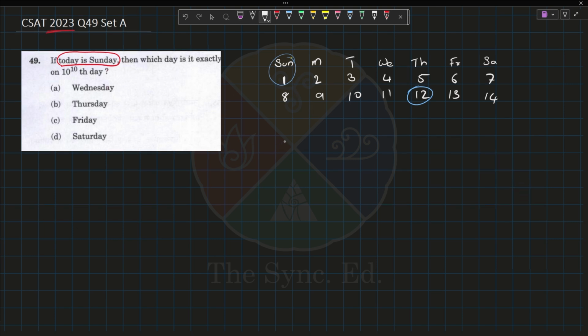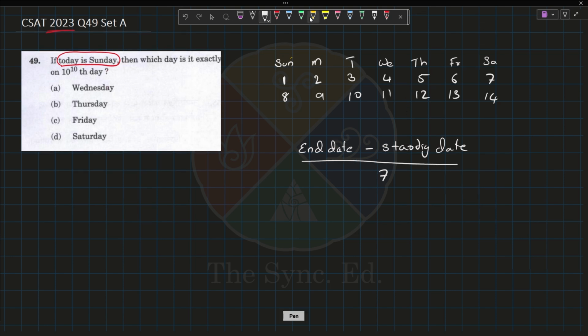Before going to that, let me tell you one more thing. The formula which you just used is: end date minus starting date divided by 7, and you find the remainder, and simply add that remainder to the starting day. For example, imagine you know that the 4th is Wednesday, and you have to find which day is on the 13th.